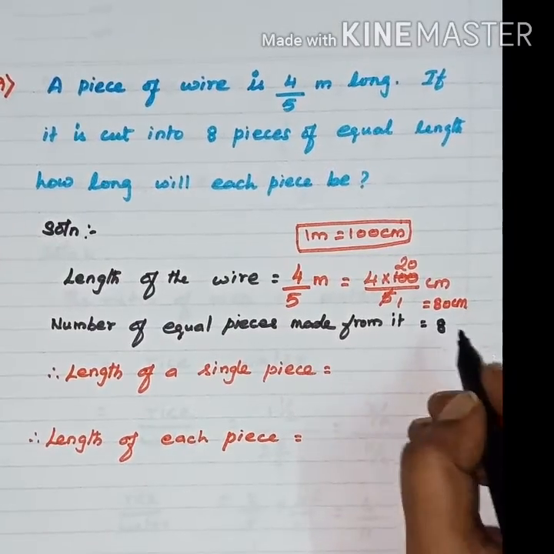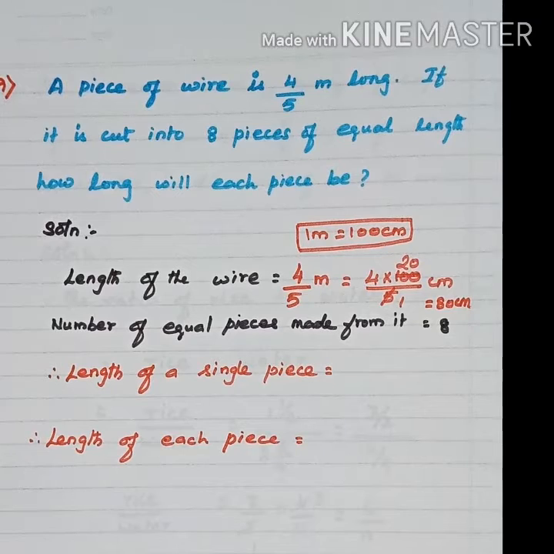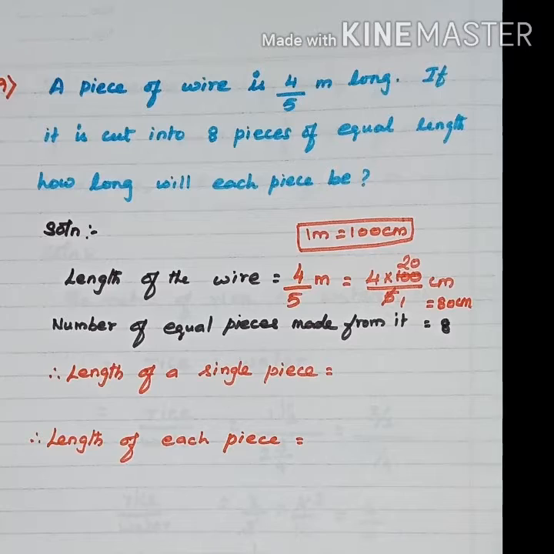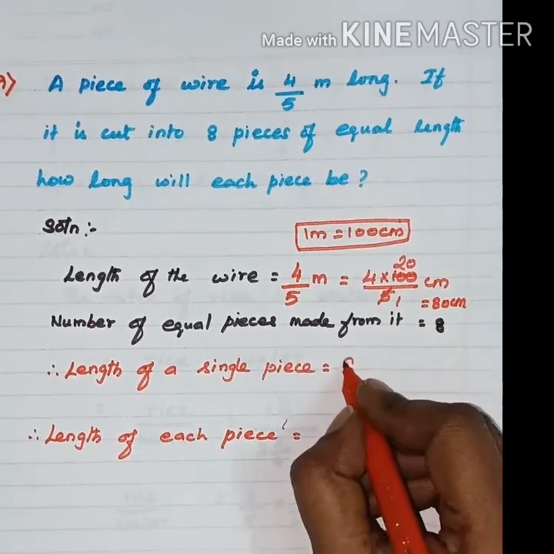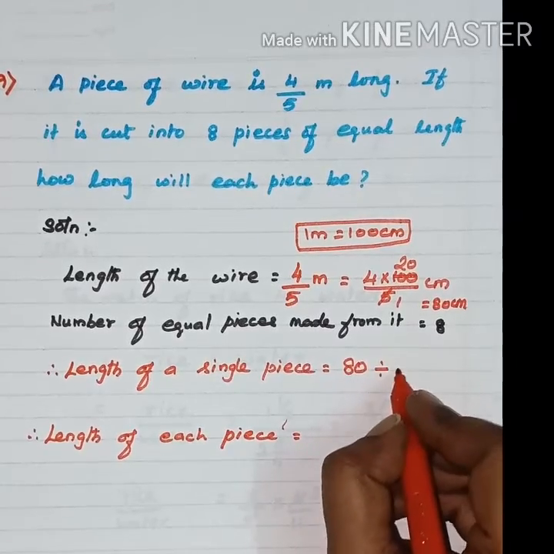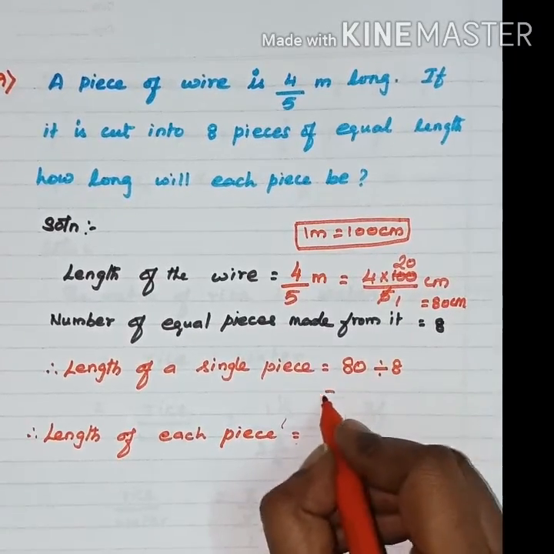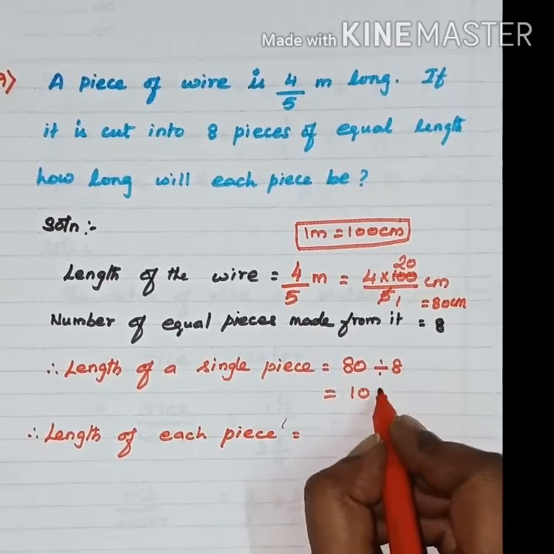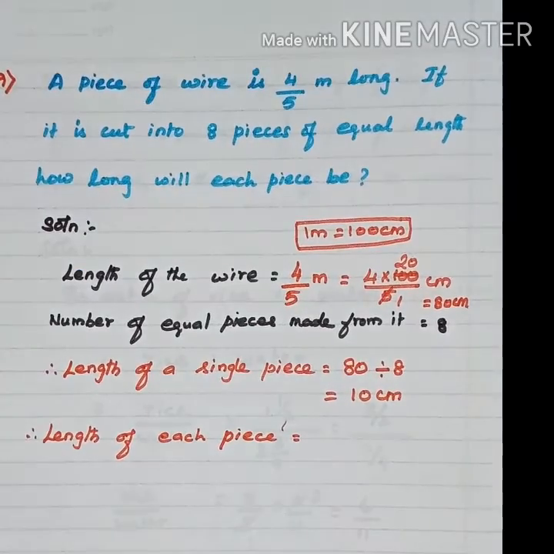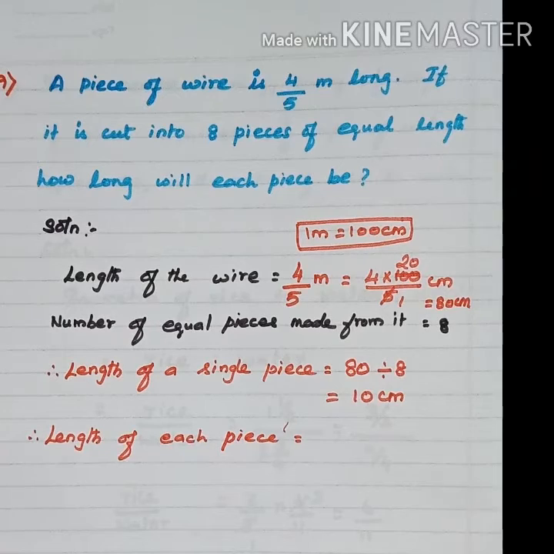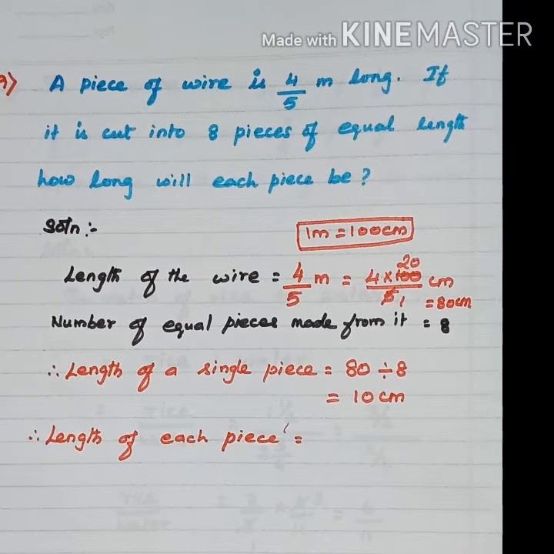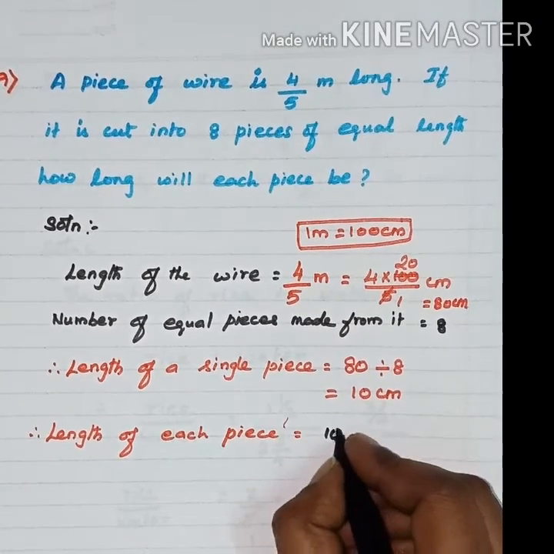Therefore, the length of a single piece is equal to 80 divided by 8, which is equal to 10 centimeter. Therefore, length of each piece is equal to 10 centimeter.